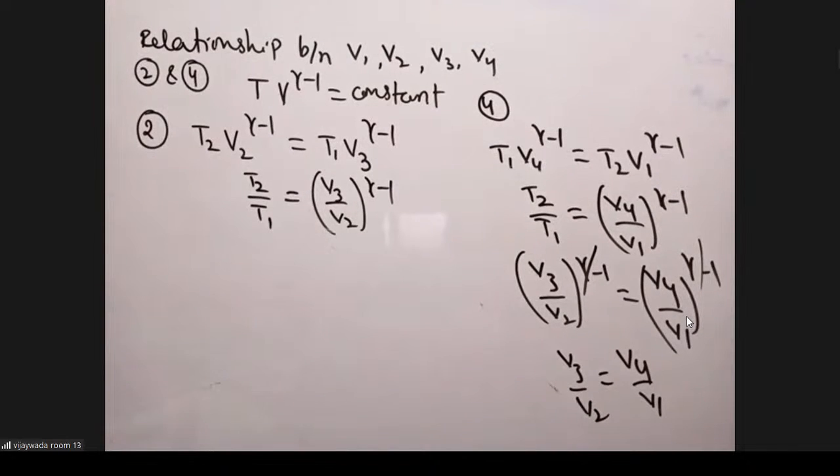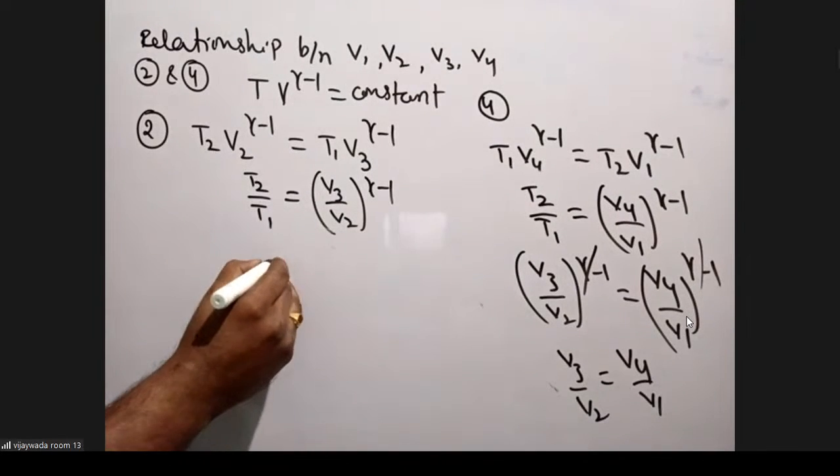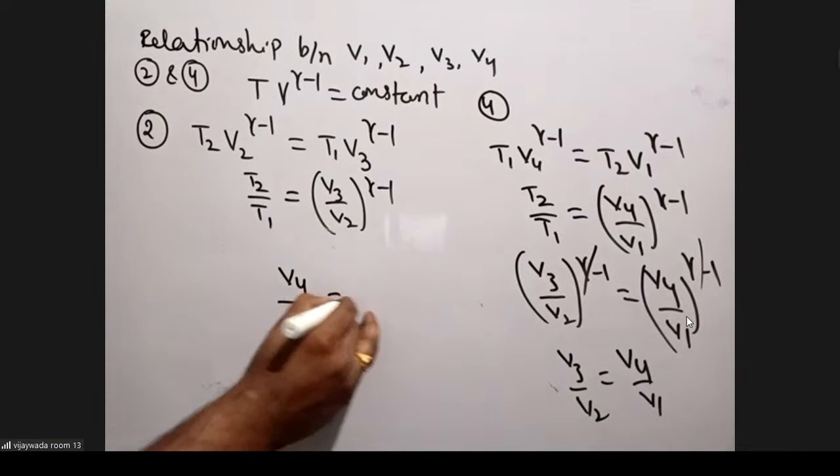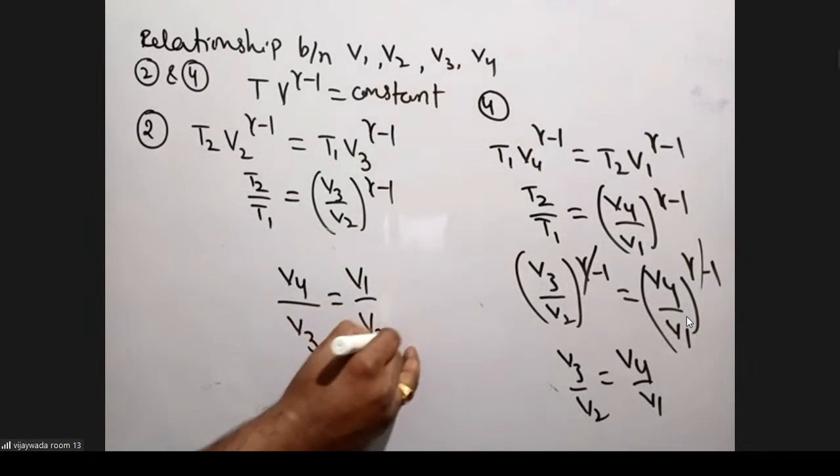In the final relation, we can write V4 by V3 equal to V1 by V2.